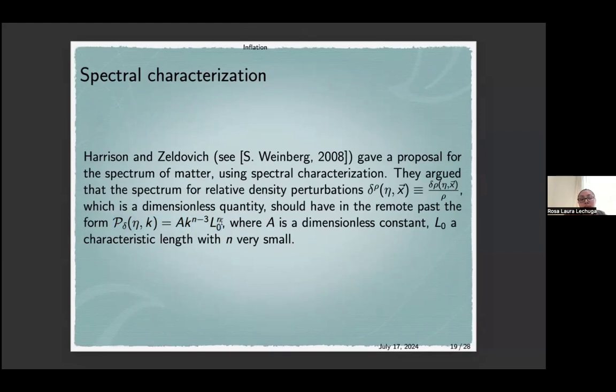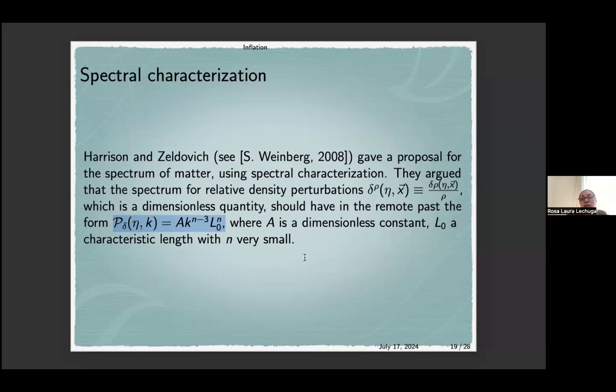But this spectrum tries to describe the structure in the universe. They thought, okay, if we want to study the structure, we need to consider that the behavior of the spectrum of the structure shouldn't depend on the scale.